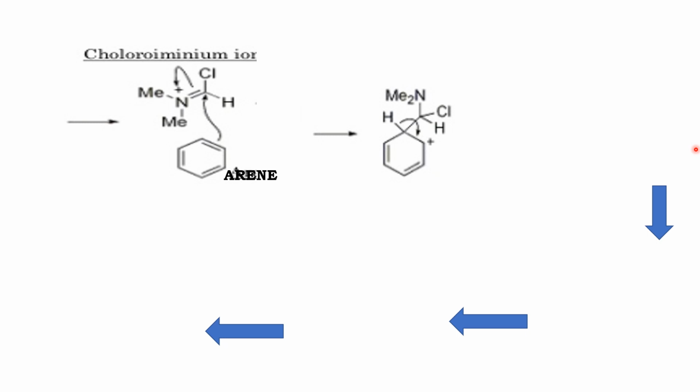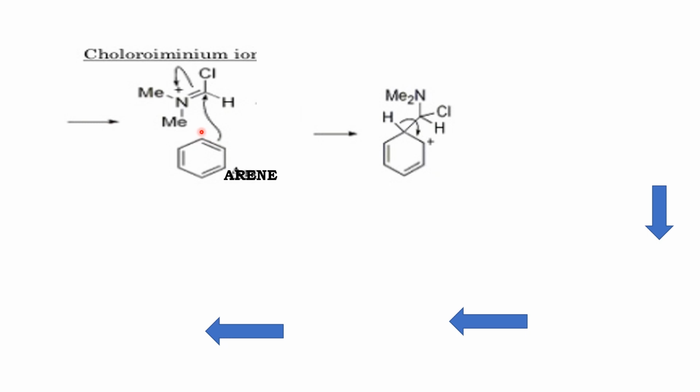Now we are moving to the second step. So draw along with me. Draw the benzene ring. This benzene ring has delocalized electrons. So this bond is shifting towards this carbon atom. As a result, the first carbon atom gets a negative charge and the second carbon atom gets a positive charge.